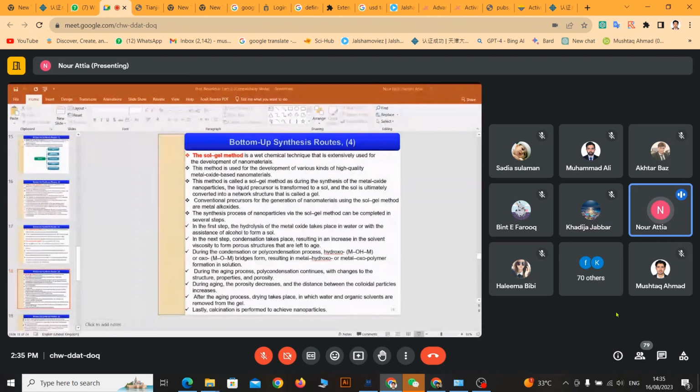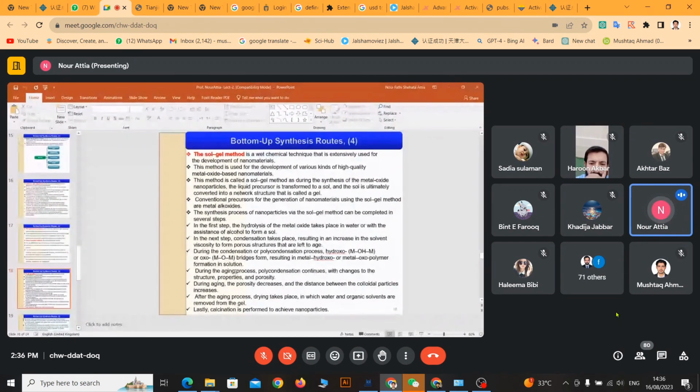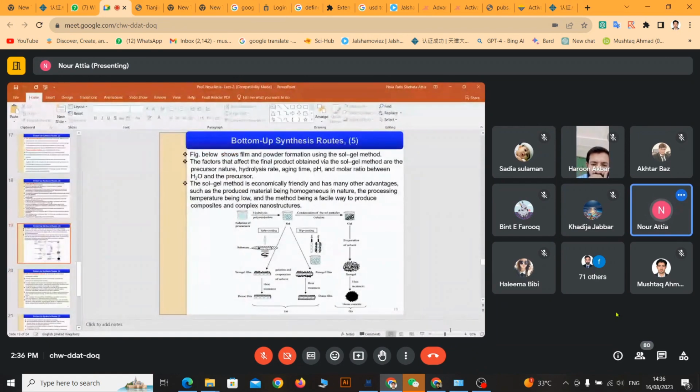You need just a magnetic stirrer, with heating, sometimes not heating, and a beaker and magnet. That's all. This is your reactor. It's very simple, actually. I think most of you know about it. It's not a big deal, and it's very common.